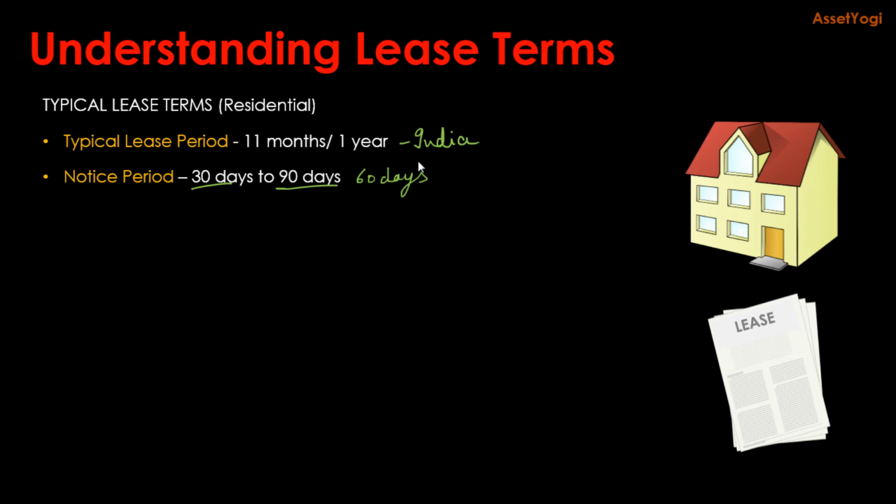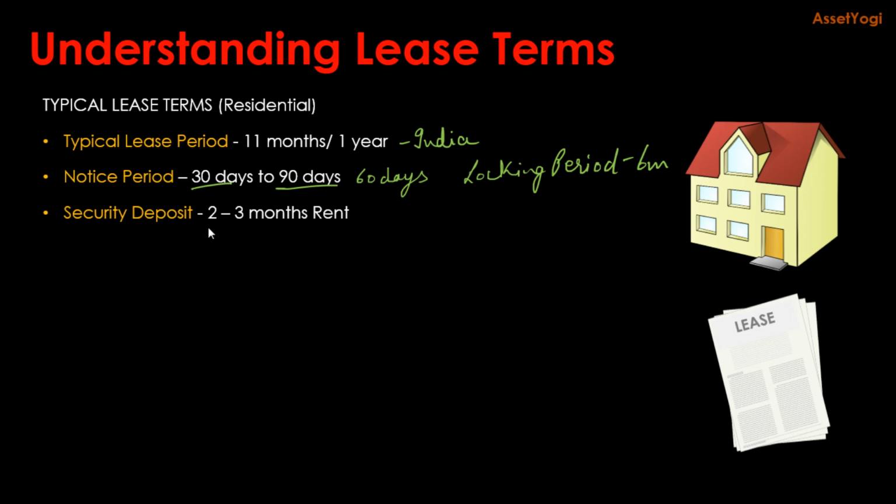But sometimes a landlord may also ask for a locking period of, let's say, 6 months, and if the tenant leaves before 6 months, then he has to pay the complete rent of 6 months.